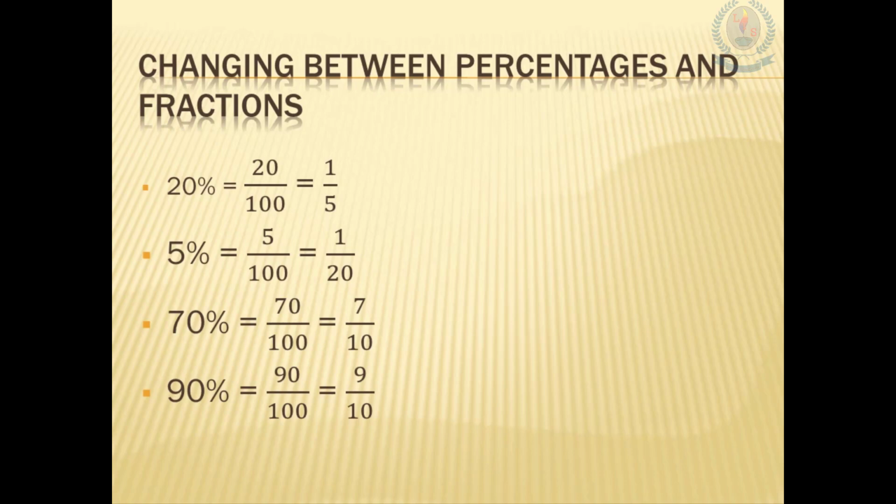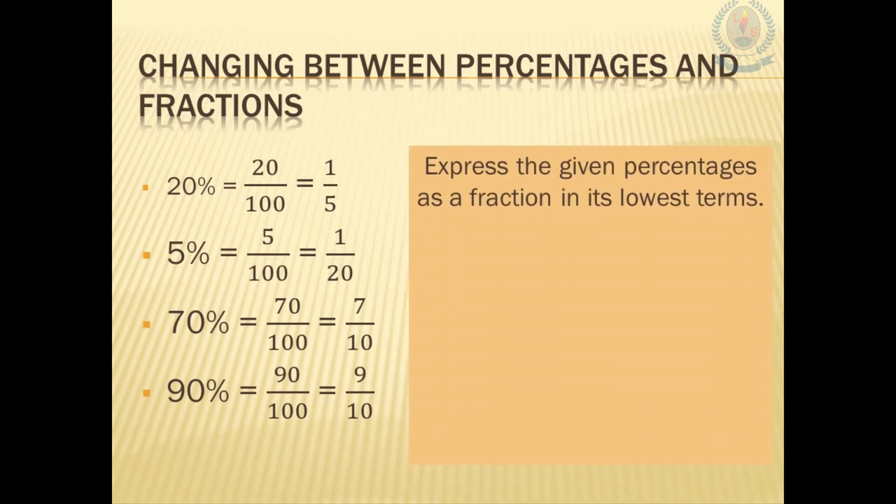Both denominator and numerator you can divide by 10 and you can get the simplest answer as 7/10. 90%. 90% means 90 out of 100. You can write the simplest answer by dividing both numerator and the denominator by 10. It's 9/10. By using this method, you can write the answers for these given questions.